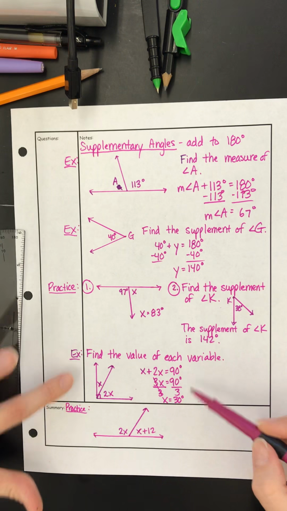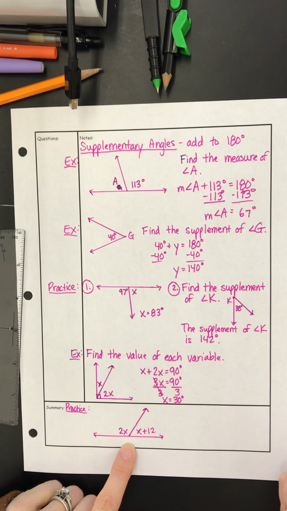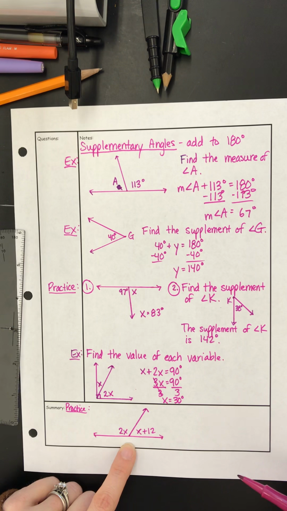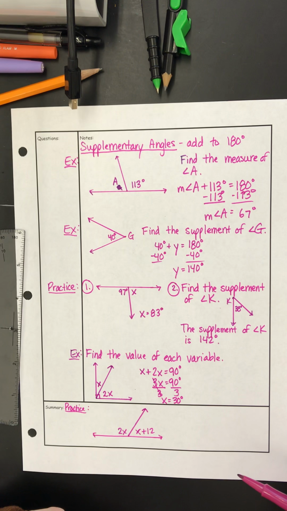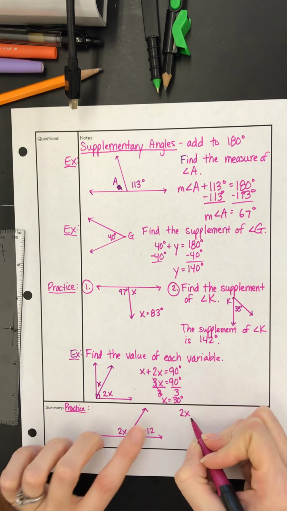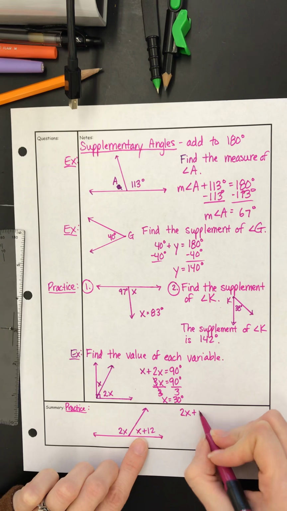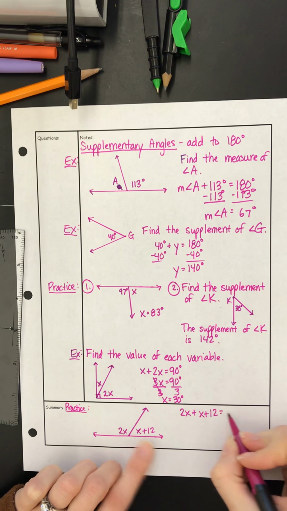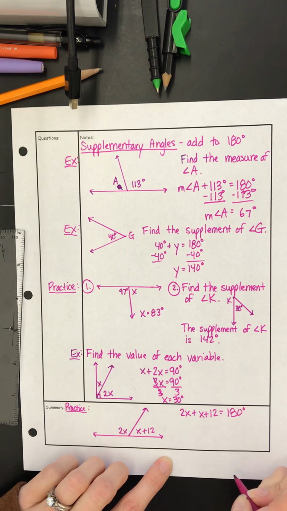Now this is the same concept, except this is a supplementary angle, so it adds up to 180 degrees. Go ahead and pause the video, give it a try. All right, hopefully you had a chance to try to find x. I'm going to go ahead and write it out. We have the measure of this angle plus the measure of this angle is equal to 180 degrees.